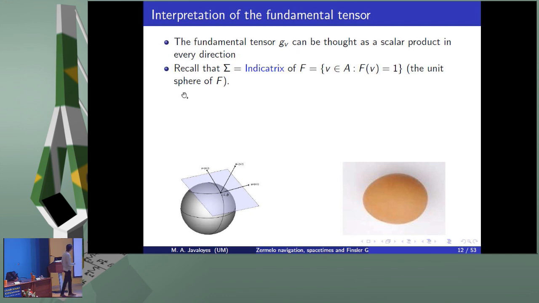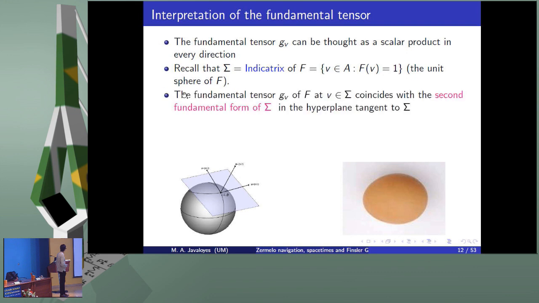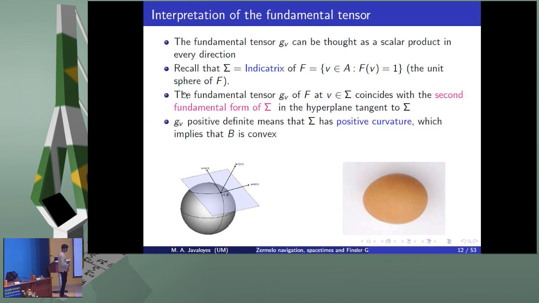If you consider the indicatrix, the points where f of v is equal to 1, then the fundamental tensor restricted to the tangent plane to the indicatrix is the second fundamental form of this indicatrix. Basically, the third condition before is equivalent to the indicatrix having positive curvature.